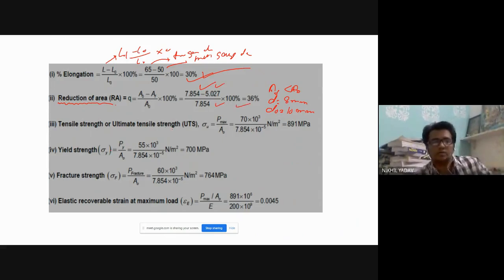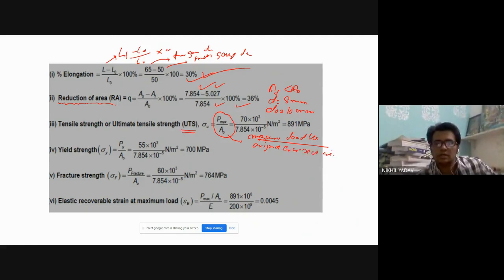Now we have to find out the UTS, meaning the maximum load that it can bear upon the original cross-sectional area. Mind one thing here, that we are finding the engineering stress strain value, but not the true value.